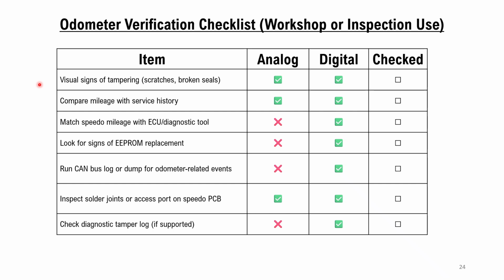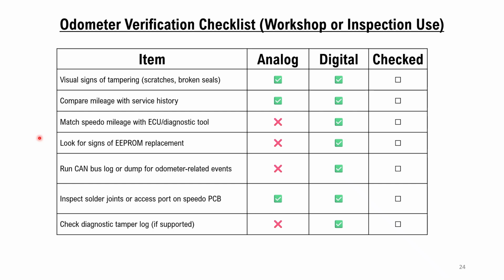So the checklist is: number one, visual signs of tampering, scratches, broken seals, for analog and digital. If there is no visual sign of tampering, it is okay in both cases. Number two, compare mileage with service history, record the data and check it accordingly. Number three, match speedo mileage with the ECU or diagnostic tool.